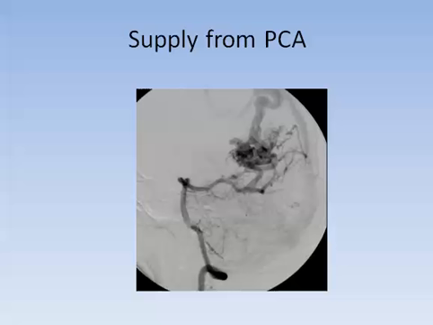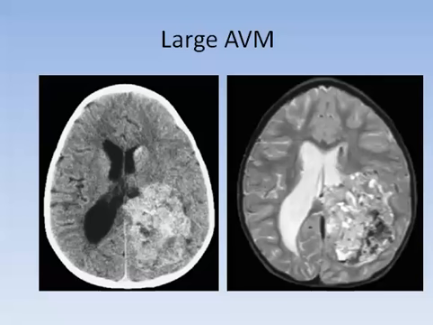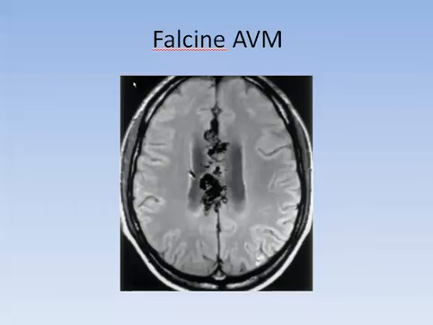AVM supplied from the posterior cerebral artery, with venous drainage into a cortical vein. Large AVM involving the ventricle. Falcine AVM.